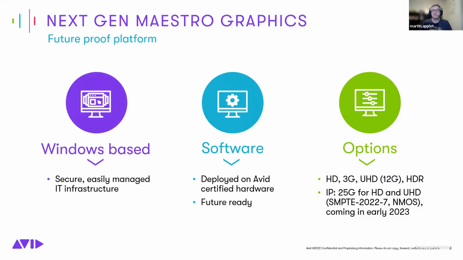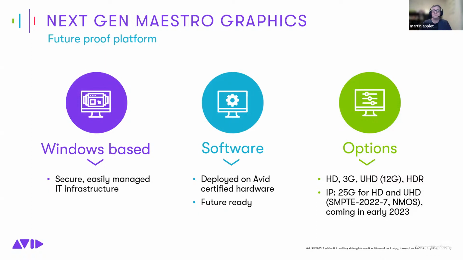So let's talk a little bit about the new platform that we have. This is based on Dell workstations, and this gives us a Windows-based platform that's secure and easily managed as part of the IT infrastructure. So this becomes another IT managed piece of equipment in the broadcast rack, rather than something proprietary.